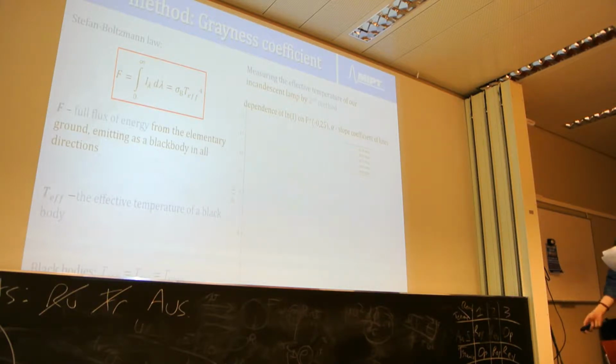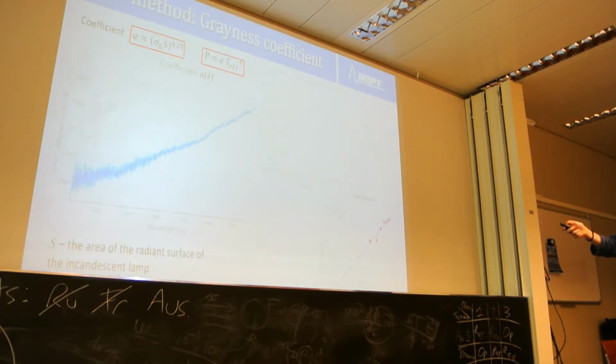In the second method, I get the grayness coefficient. You can see the Stefan-Boltzmann law, and I get the spectrum using a monochromator and a slightly sloped coefficient. It is the alpha coefficient, which involves the surface and the Stefan-Boltzmann constant.